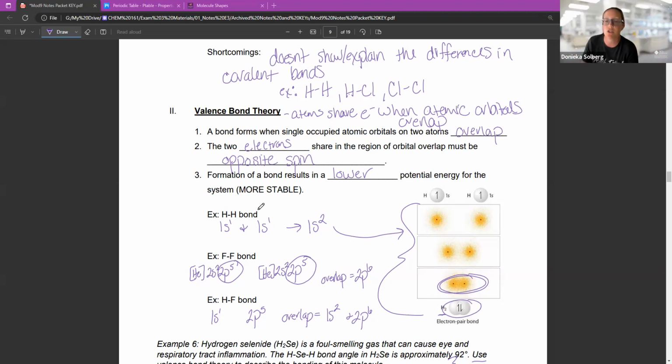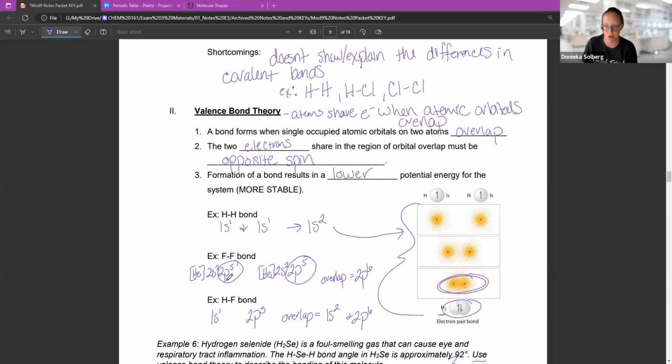So for an H-H bond, for example, which is what this picture is showing, hydrogen has a 1s1 and the other hydrogen has a 1s1. When they get close enough, those hydrogen 1s orbitals will overlap. Now they're sharing, one switches spin so that they're opposite spins, and now they are both very stable. This gets much lower in energy. So a hydrogen-hydrogen bond is a 1s and another 1s overlapping to make 1s2.